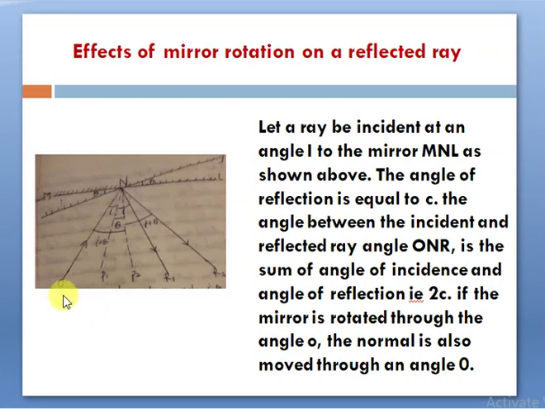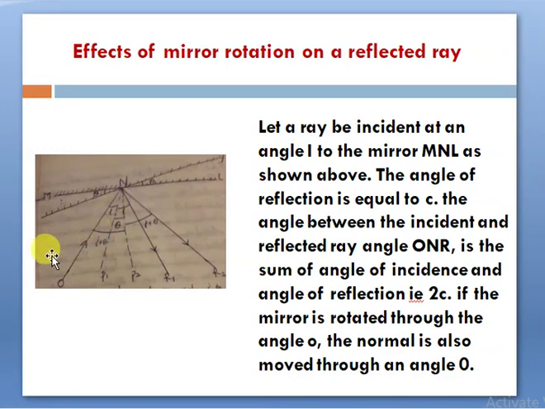And now, when this incident ray strikes the surface of this mirror, it is reflected back, according to our previous class. And remember, what is the reflected ray? The angle which the reflected ray makes with the normal NP1 is your angle of reflection, from here to here.